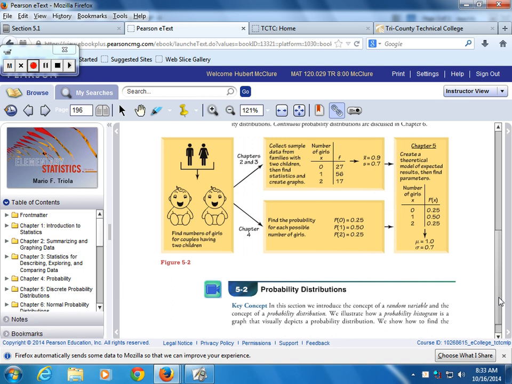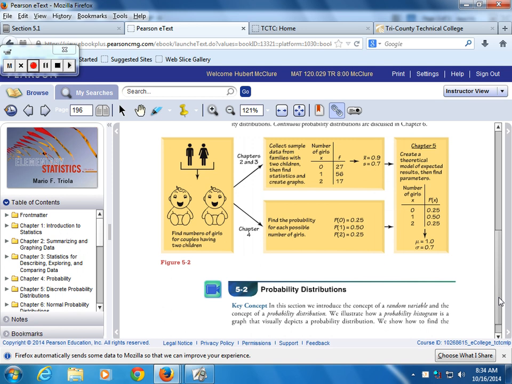Now before, y'all remember doing the boy, girl, whatever, all that. In this case, it's having two boys. Well, here, you're putting it in terms of a probability distribution, and this is your X and this is your P of X, the probability of X happening. 0 boys, 1 boy, 2 boys, or in this case, girls.